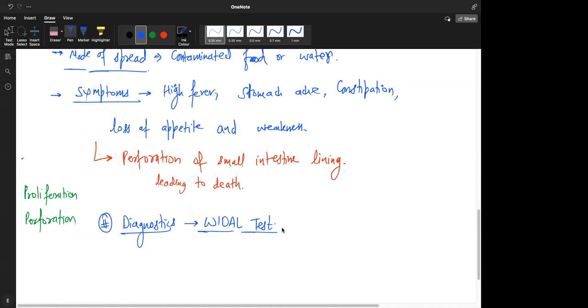Is it clear? So remember Vidal test for typhoid.